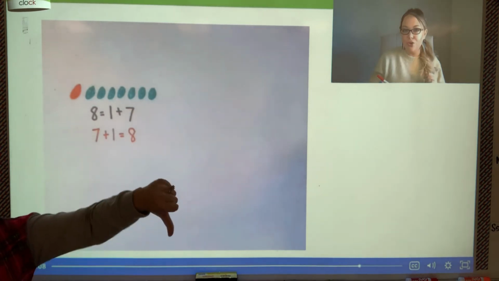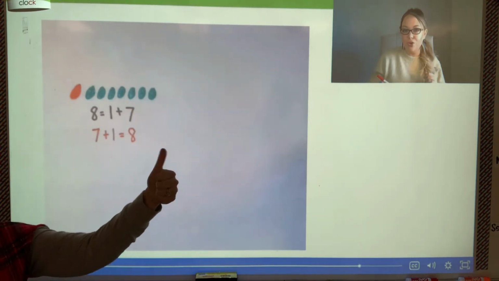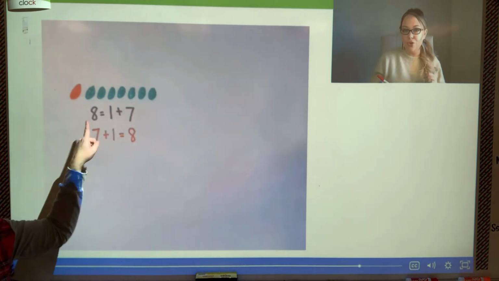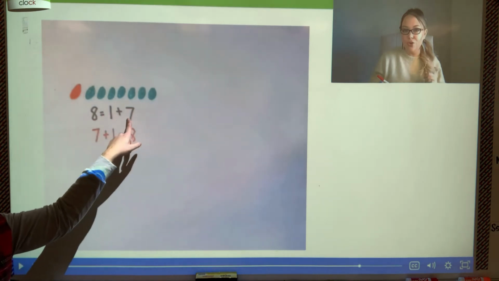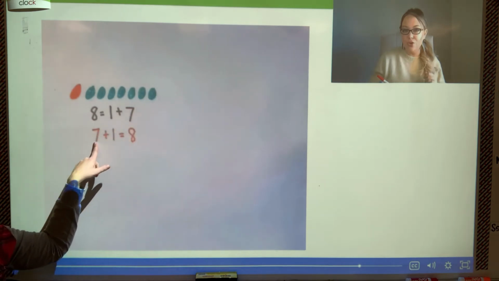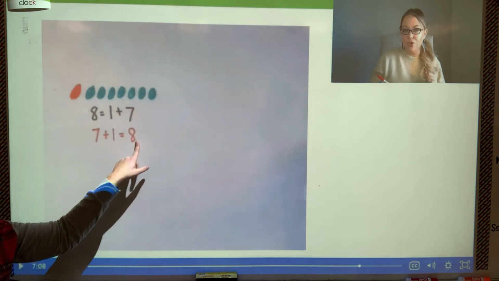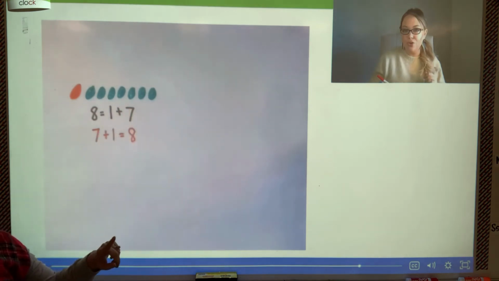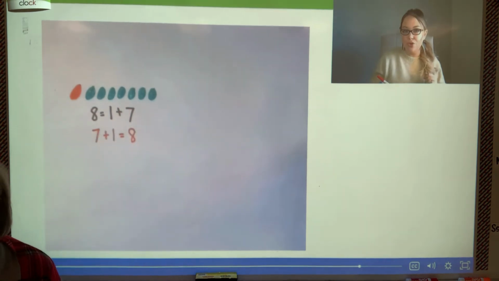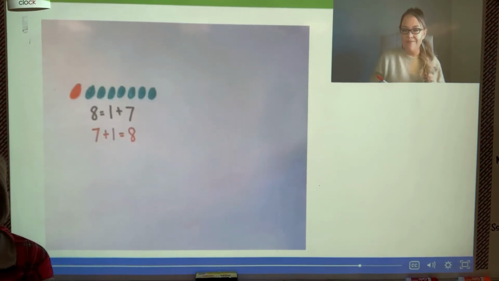I see some people kind of going like this. She had up here 8 is the same as 1 and 7. Now we have 7 and 1 is the same as 8. Aren't they both the same thing? Yeah. Let's see what Miss Hawkins says. Drawing? What do you think?